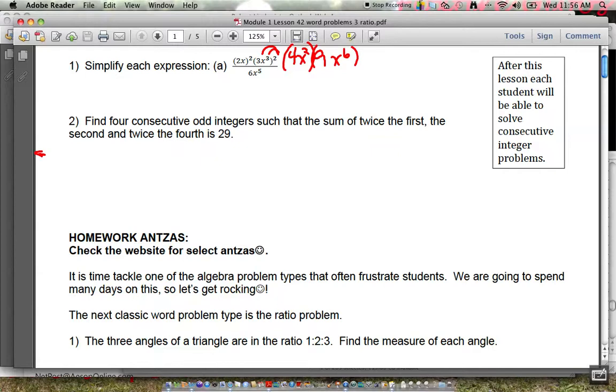So far, so good? You can actually do it in the opposite order. I'm just kind of used to the second one having an exponent and the first one not. Over 6x to the 5th. Now, if I multiply out the top, I'm going to multiply coefficients, which is 36, x to the 8th over 6x to the 5th. Any questions? Okay. What's 36 divided by 6? 6. X to the 3rd.